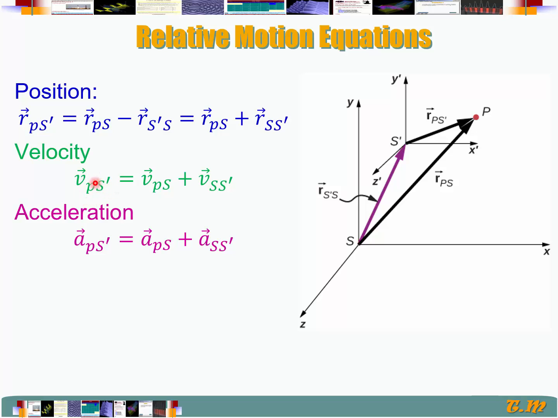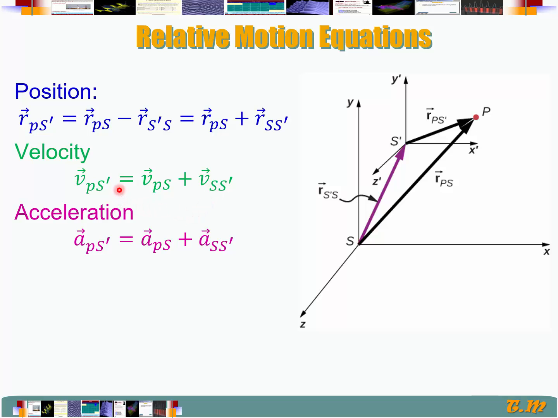The object whose motion you are concerned about, and then the second part would be the reference. This is the velocity of P relative to S prime. This is the velocity of P relative to S. This is the velocity of S relative to S prime. Object, the frame of reference relative to which you are getting that velocity.